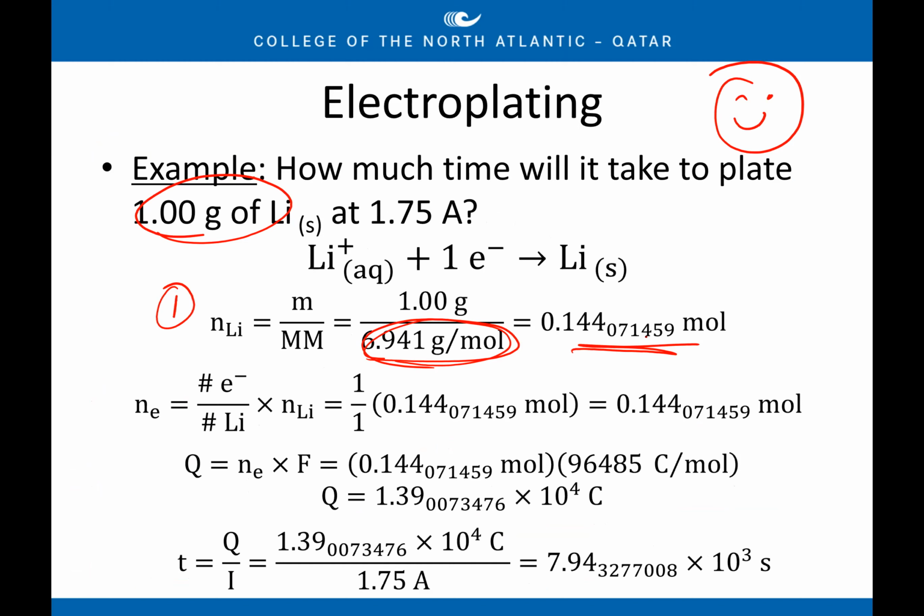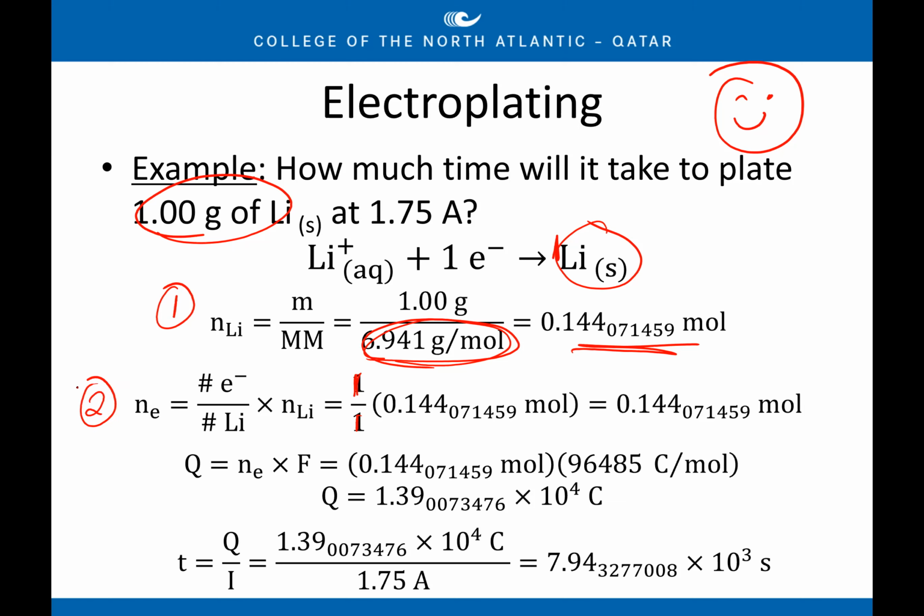Next step. Now that I know the moles of lithium, I can find the moles of electrons. Now this is an easy one because my mole ratio is 1 to 1. So like Aman mentioned in the last slide, if they're 1 to 1, you could skip this step.